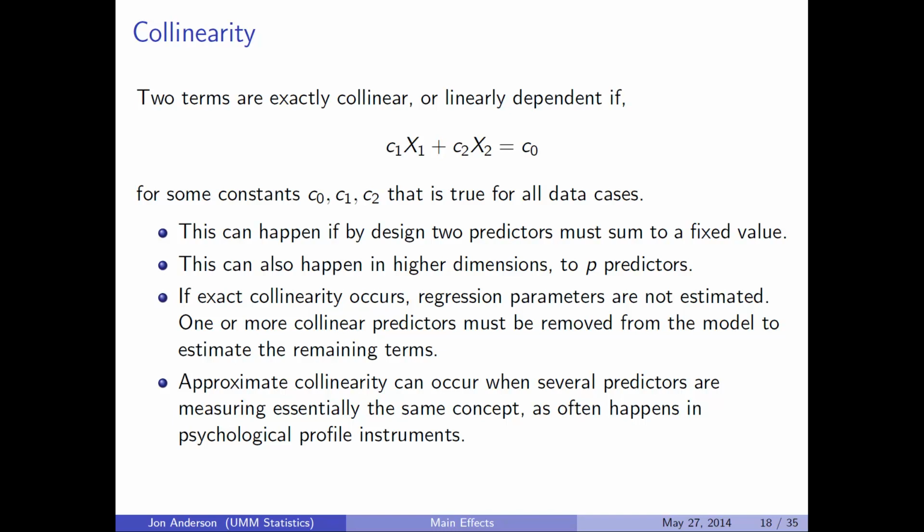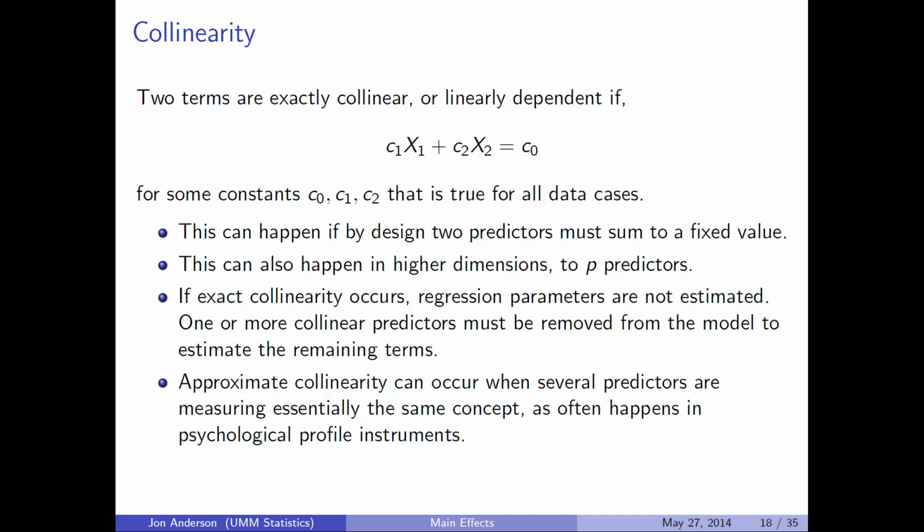It occurs a lot in things like psychology studies, where there are many, many questions that all relate to the same underlying psychological construct. You can also see things happening like this when you study education data like ACT composite. Well, ACT composite is a linear combination of all of the components of the ACT exam. So if you have all the components of the ACT exam and the composite variable in a model at once, you have this kind of collinearity problem.